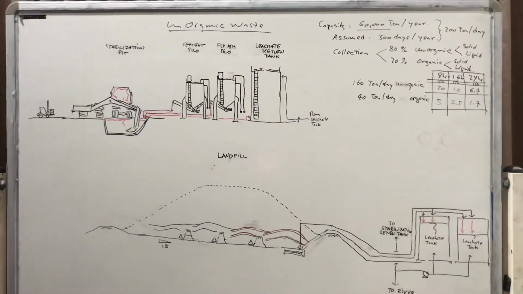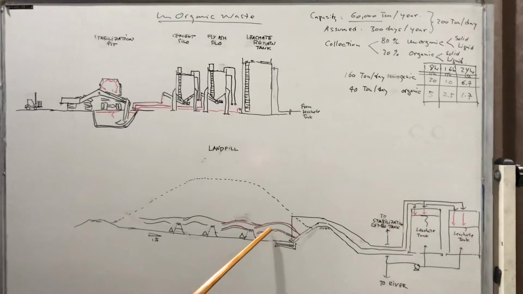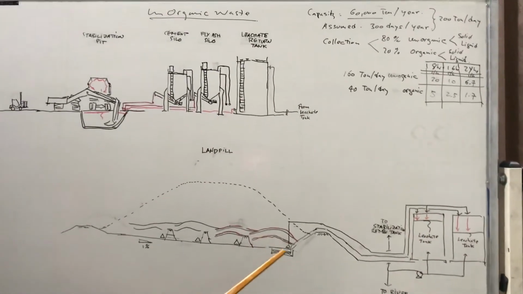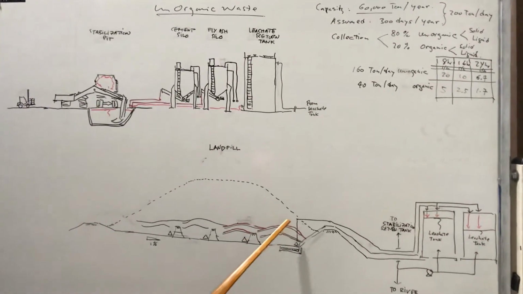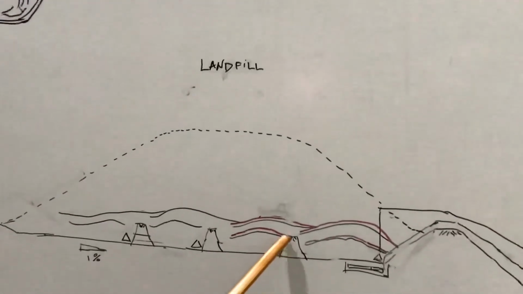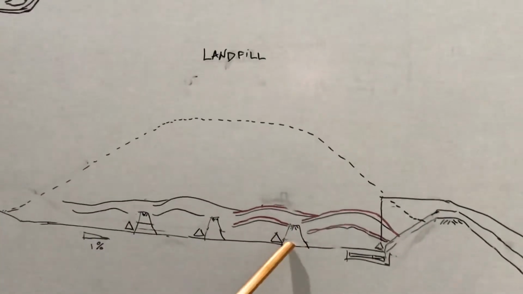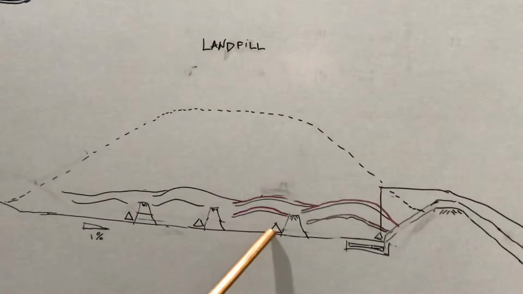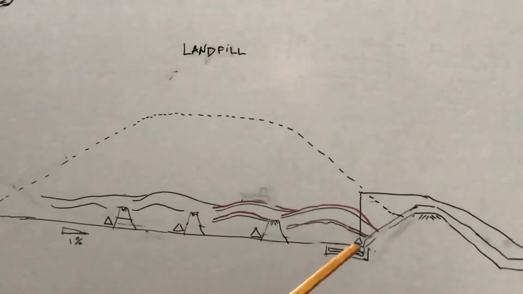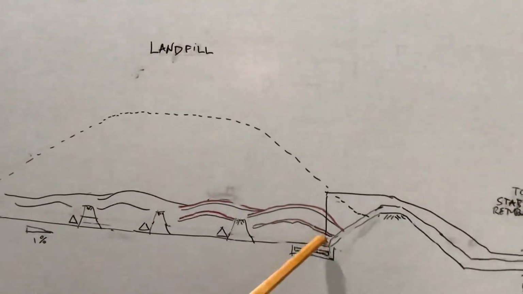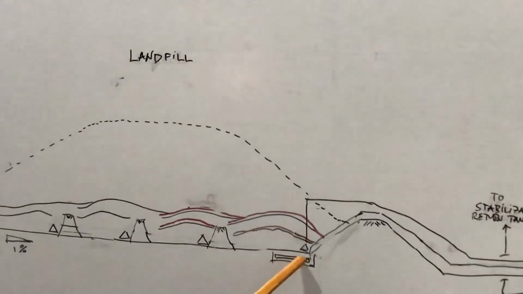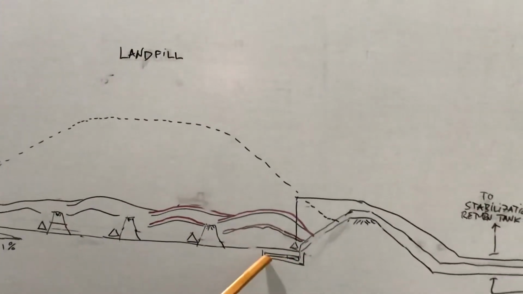First, we put the waste in this area. When you are working in this area, you should put a temporary dike here, and put a submersible pump. In this area you also put a submersible pump, and there is a submersible pump here at the bottom.